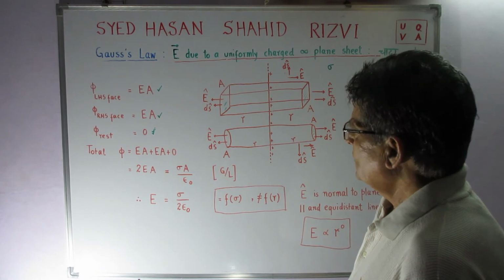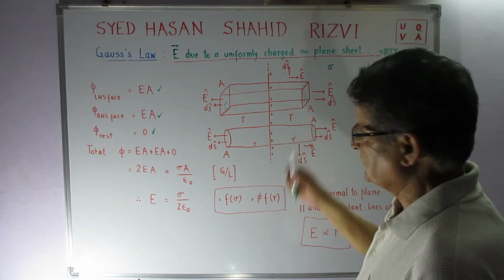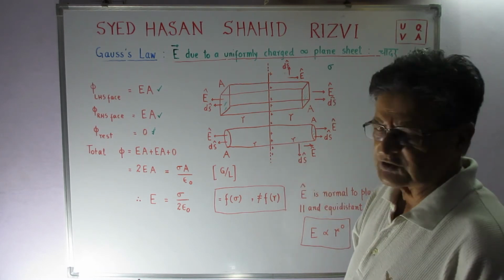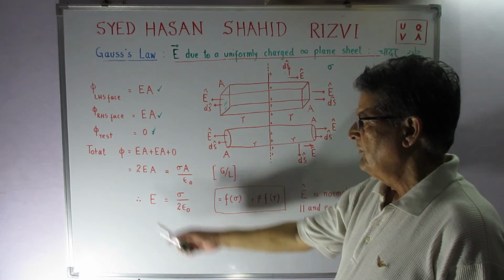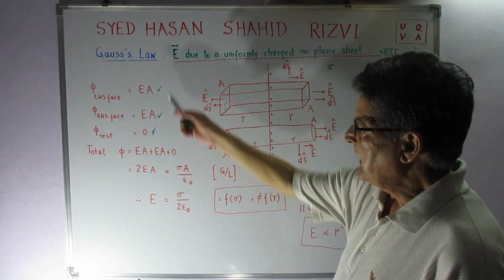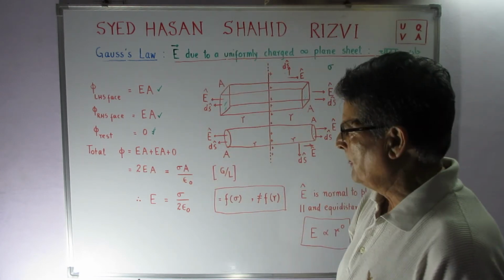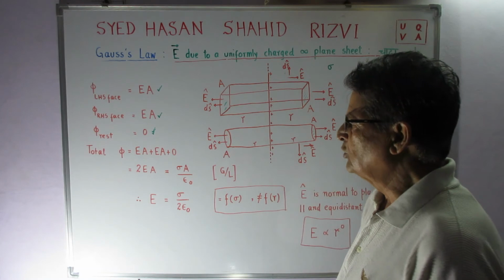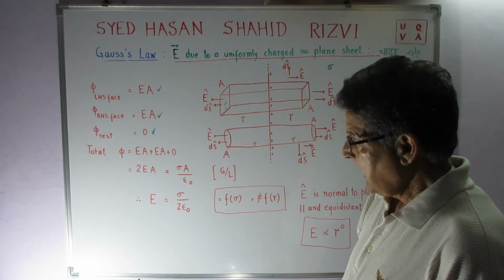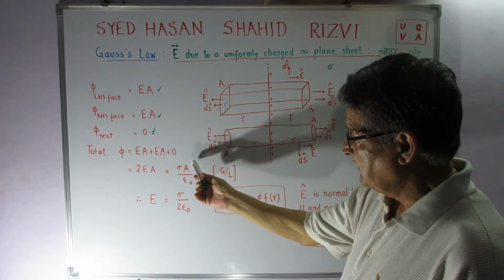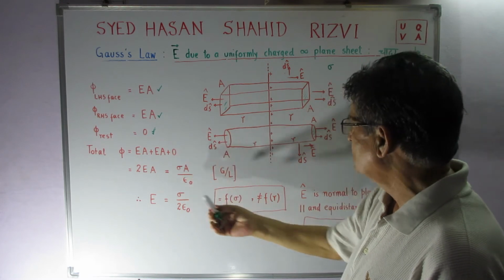So I can write, in both the cases, the total flux out phi as equal to EA plus EA plus 0. So this turns out to be equal to 2EA. And using the Gauss law, I can write the total charge enclosed.